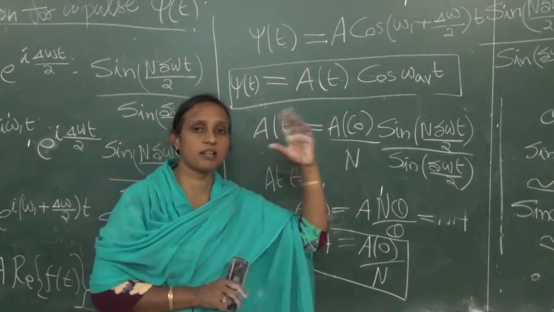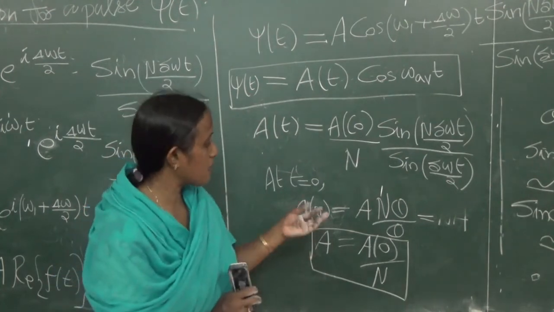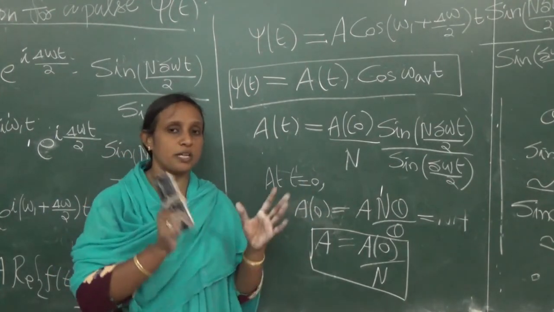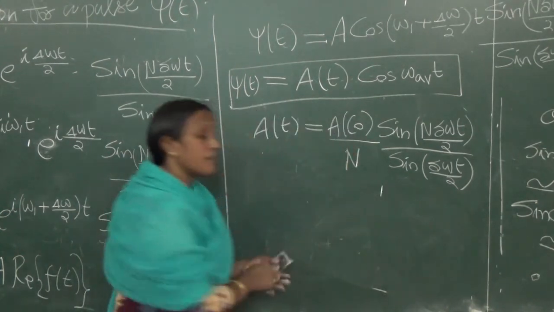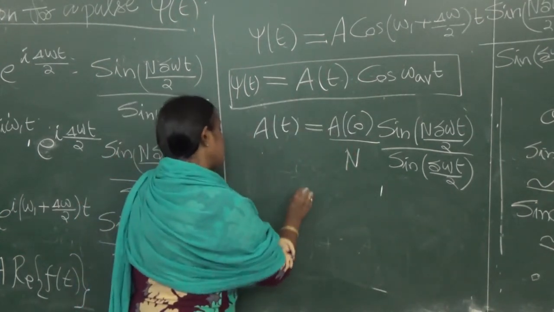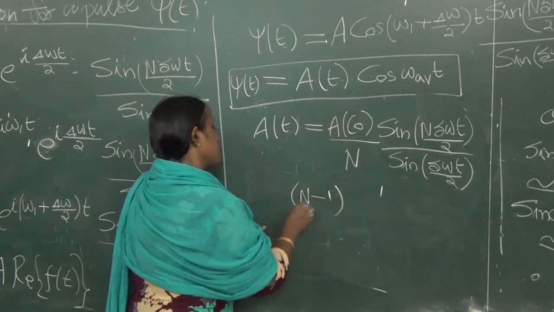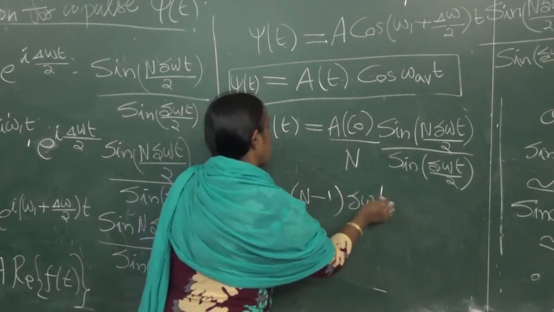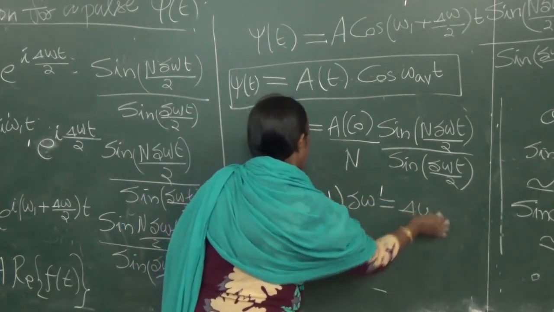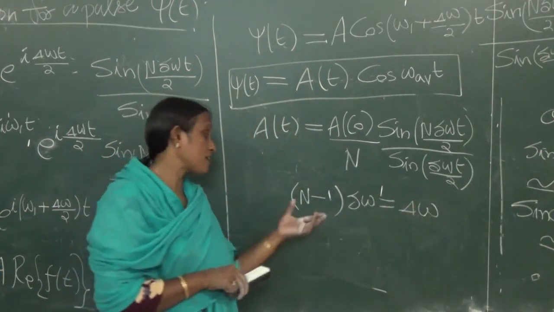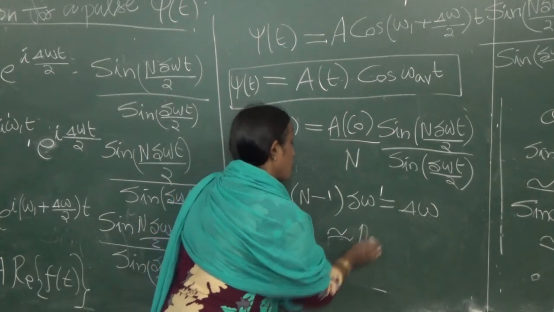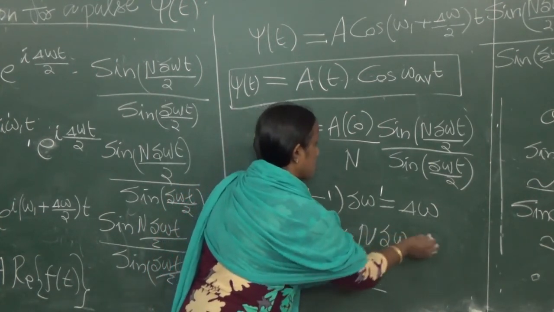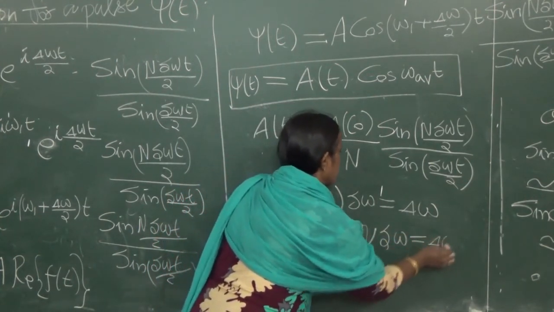For very large n, this n minus 1 delta omega has no major role; it is approximately equal to n delta omega.